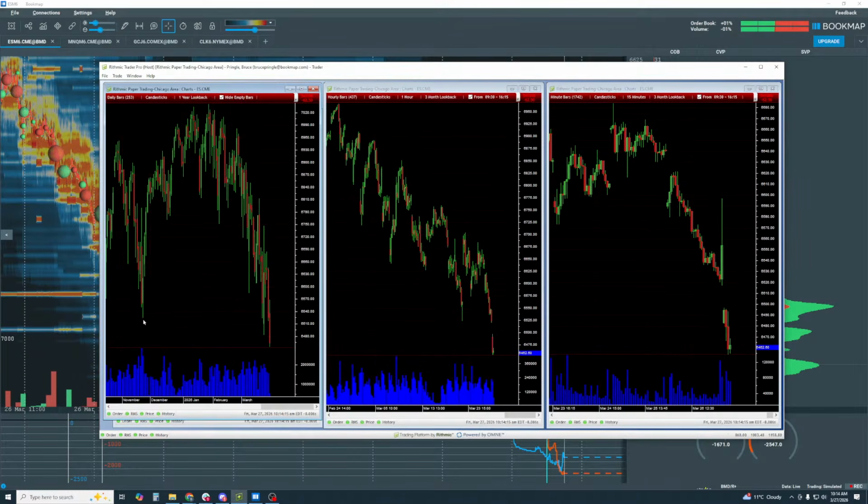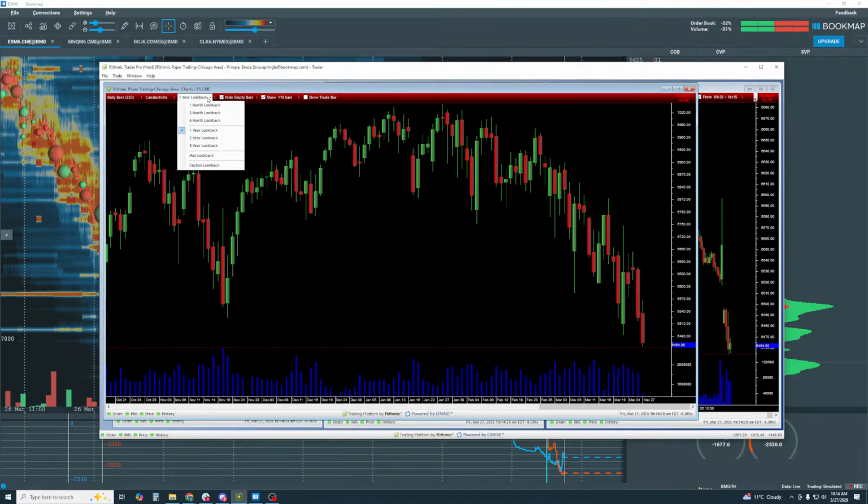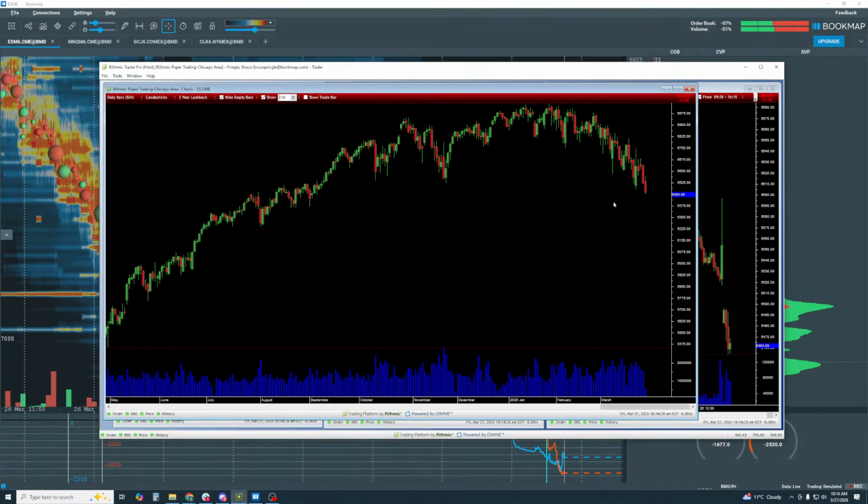Now this is breaking all these levels on the daily in here, so this is pretty significant. This is where a big trend is changing here. So I've got a look back period of 1 year. Let's show some more bars, and just put some perspective into this here.